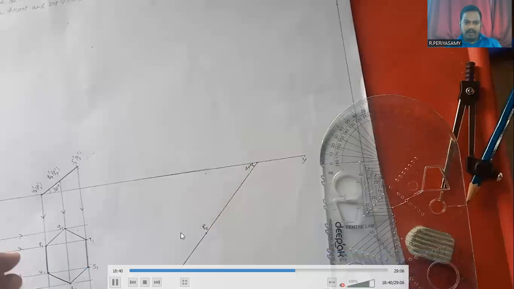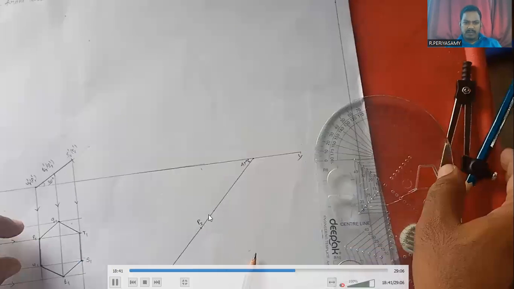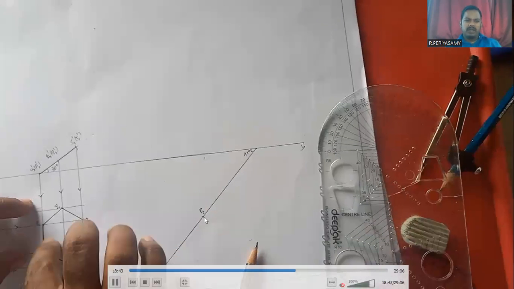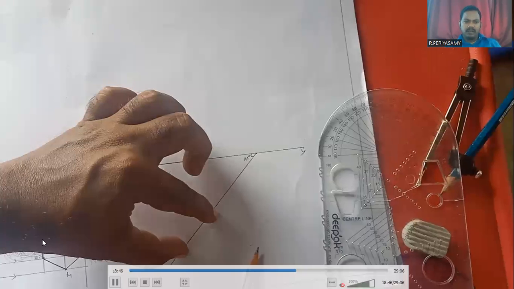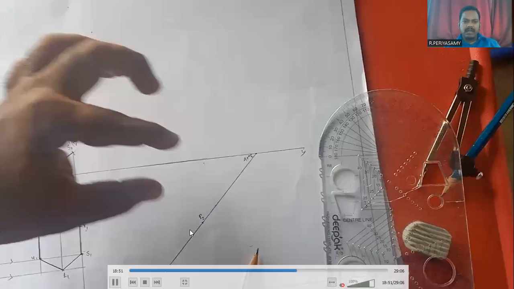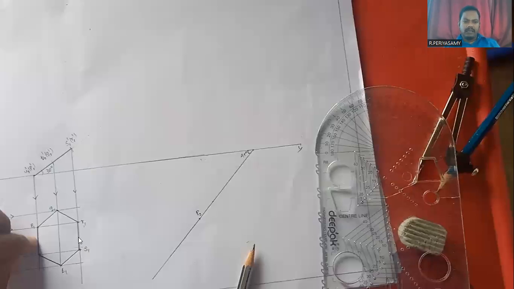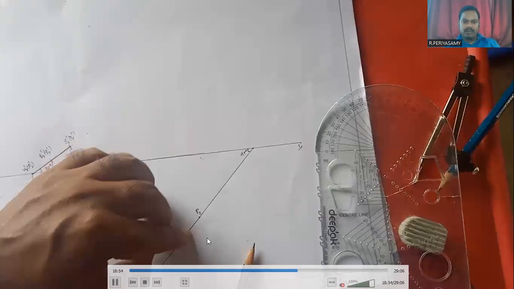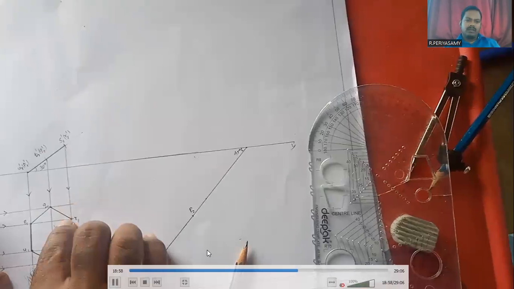Here the P1 point is marked, and we name it P2. Next, we have to measure P1 to U1. Here the P1 U1 line is placed on the 45 degree inclination line. This hexagon shape will be drawn here. So here we mark the P2 point.